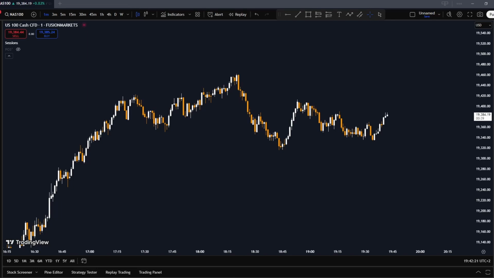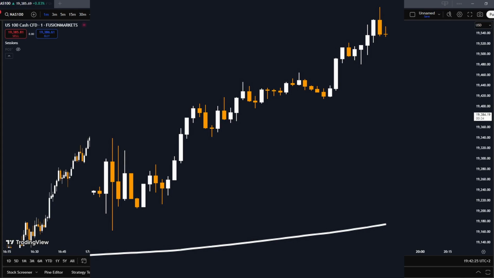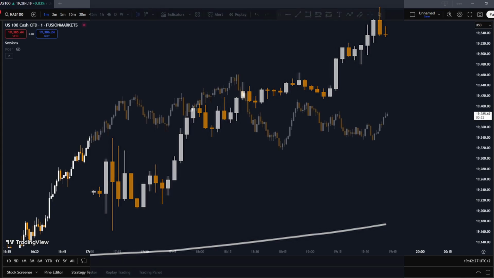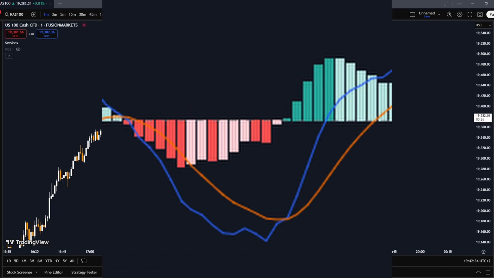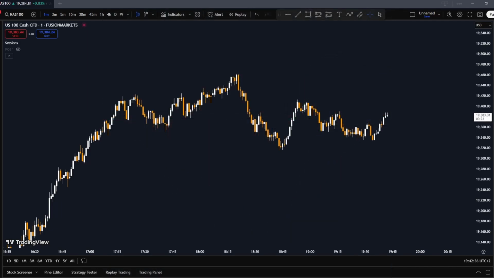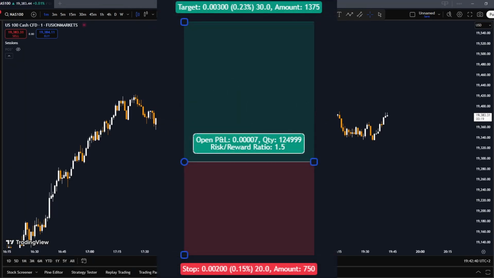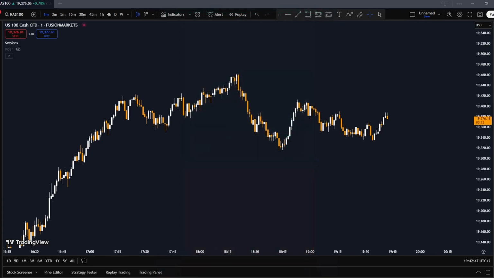My entry signal for a buy happens when the market finds itself trending above the 200 period moving average, while the MACD indicator line, as well as its own moving average, cross each other below the middle line. My exit signal is a firm risk to reward ratio of 1.5R, including a 20 pip stop loss and a 30 pip take profit. Next up is the execution of the strategy.